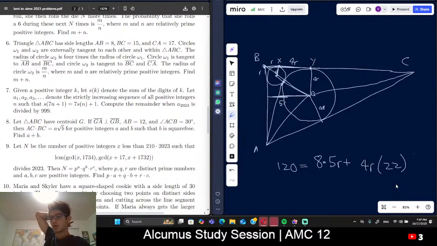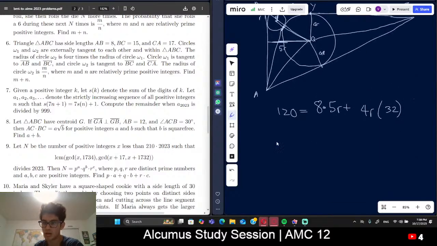Because that's 4R times 15 and 17. No, that's 32. Never mind. 4R times 32. And so 120 is equal to 40R plus 128R, so 168R.